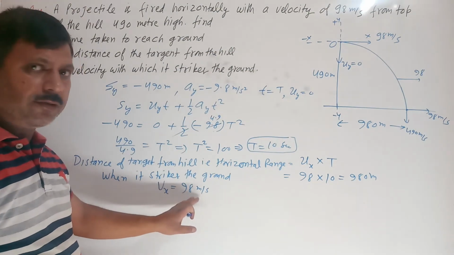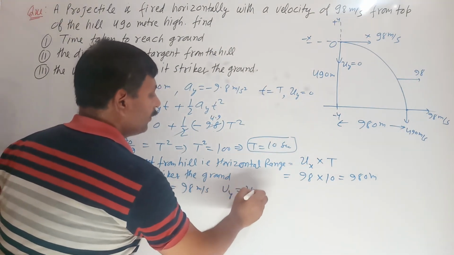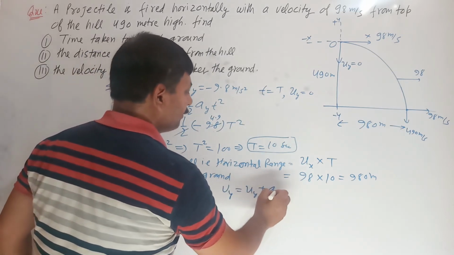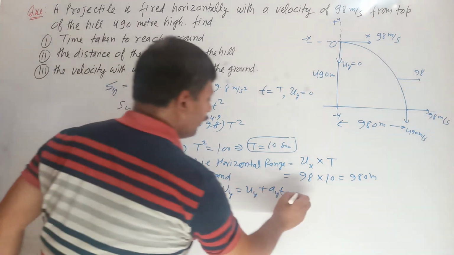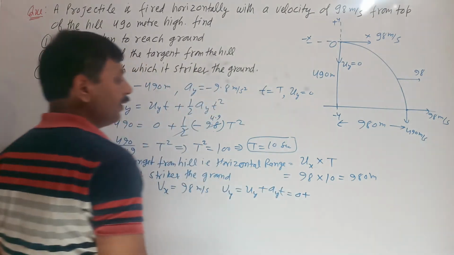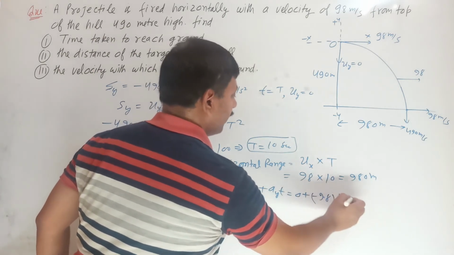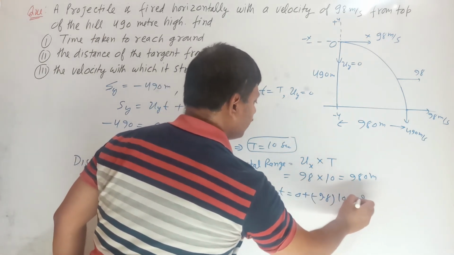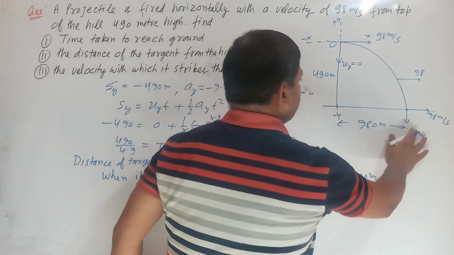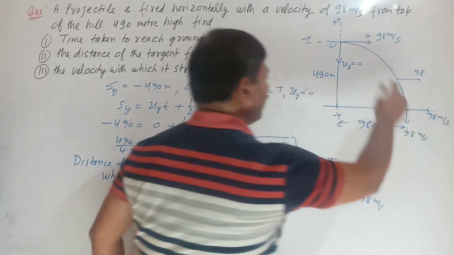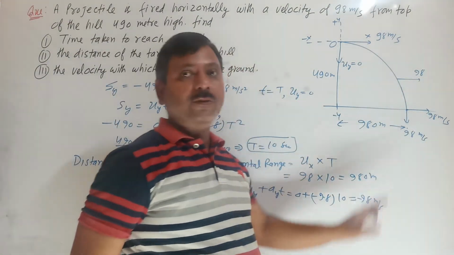What is the vertical component? Vy is equal to uy plus ay t, that is v equals u plus at. So this is 0 plus acceleration minus 9.8 into t, which is 10 seconds. So this will come minus 98 meters per second. Negative sign indicates that the velocity will be downward.